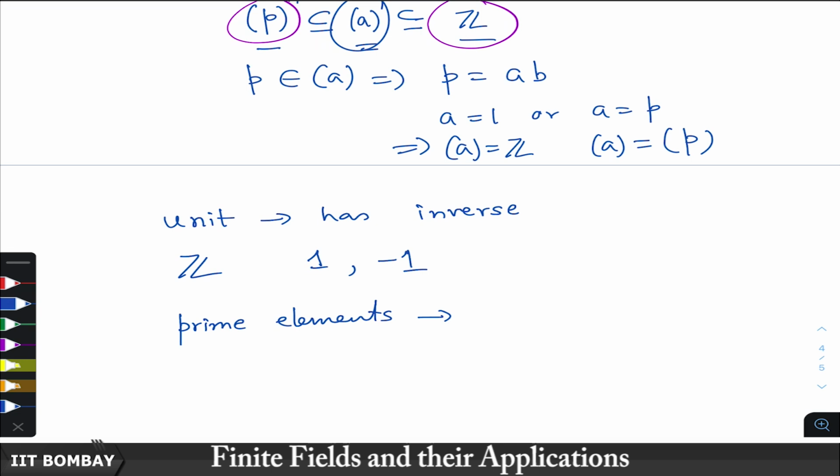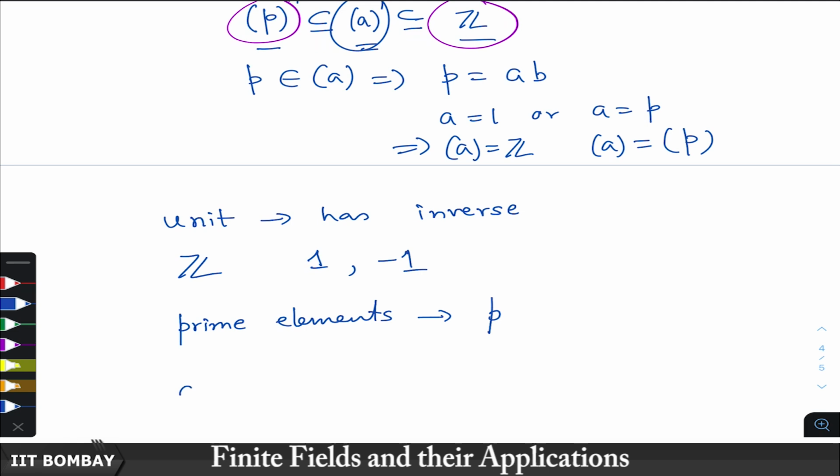So, these are elements P which cannot be factored as A times B, such that neither A nor B is a unit; basically it does not have any factor other than a unit or an associate.